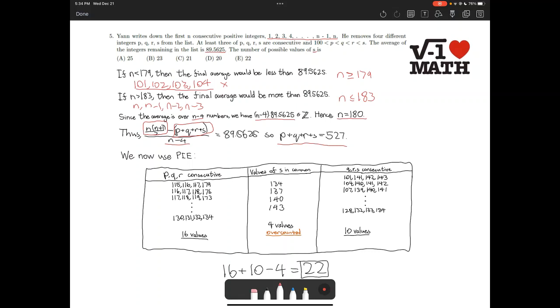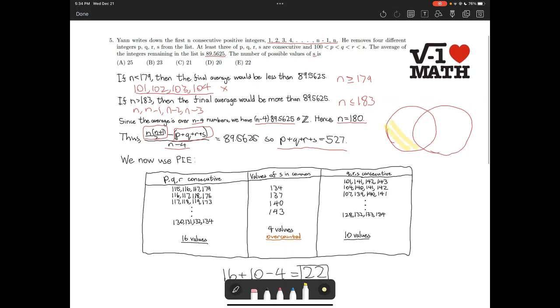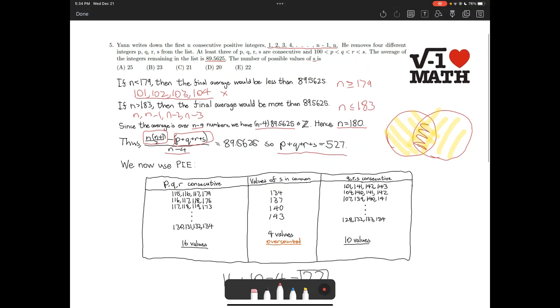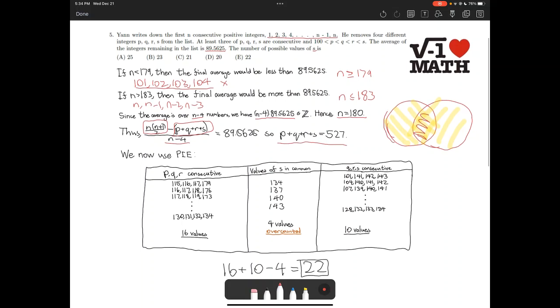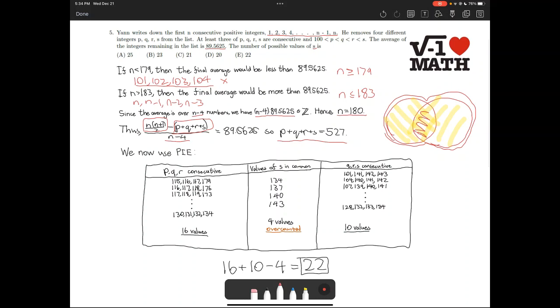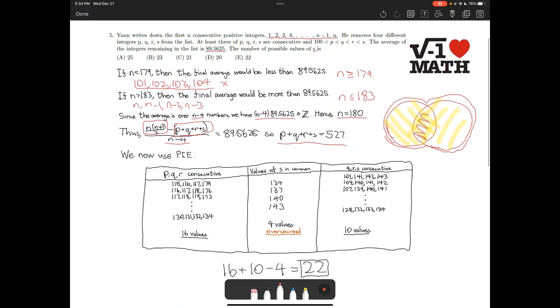But to recap, this is basically saying that if we know the number of elements here, we know the number of elements here, and we know the number of elements here, then we can find the area of this entire thing, the union. So now we consider the two cases: PQR consecutive or QRS consecutive.